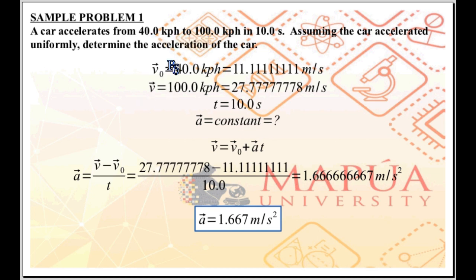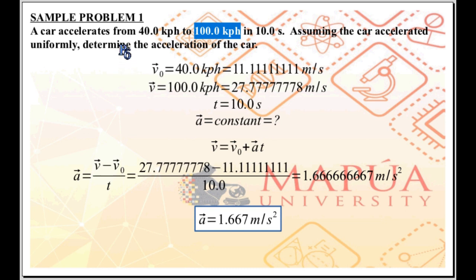So given the object accelerates from 40 kph to 100 kph, therefore 40 kph is the initial speed, and 100 kilometers per hour is the final speed. If we give the speed, or the magnitude of the velocity, a direction, we have the velocity vector.